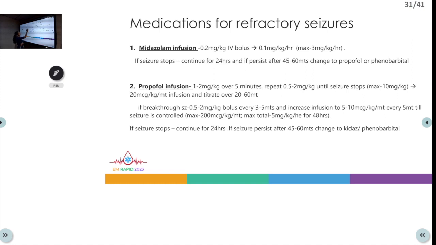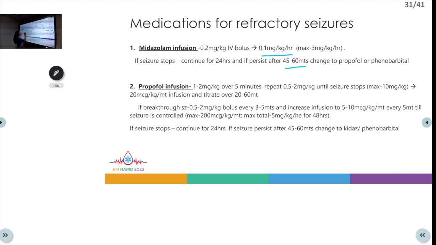So we are planning to start a benzodiazepine infusion. For midazolam, first we will give 0.2 mg per kg IV bolus followed by 0.1 mg per kg per hour infusion. If the seizure stops, continue for 24 hours, and if the seizure persists even after 45 to 60 minutes, then change to propofol or phenobarbital infusion, that means the other drugs.